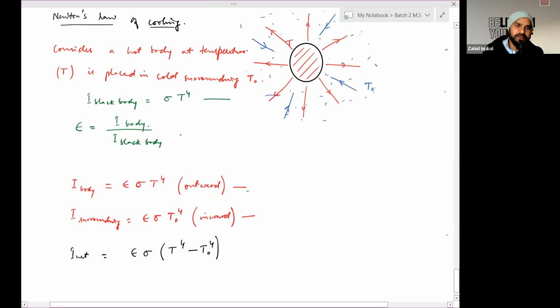So the intensity of that body will be equal to epsilon times the intensity of the black body, which is epsilon sigma T to the power 4. That's why I've written this part multiplied by epsilon, and this part multiplied by epsilon.